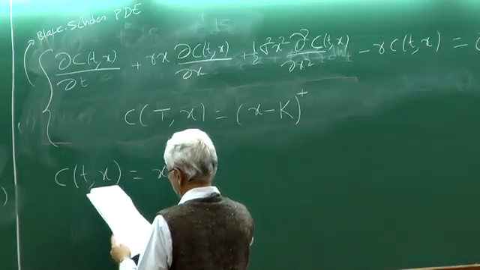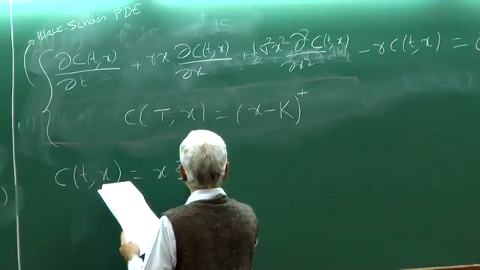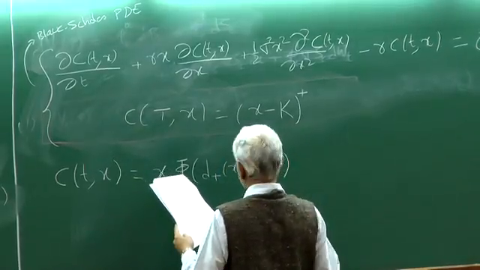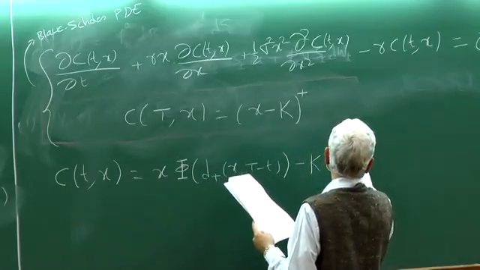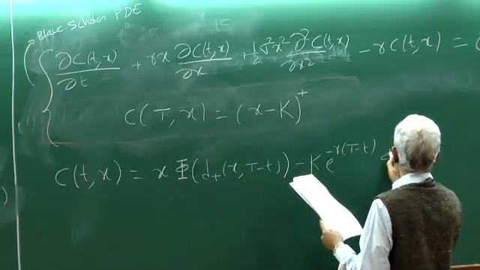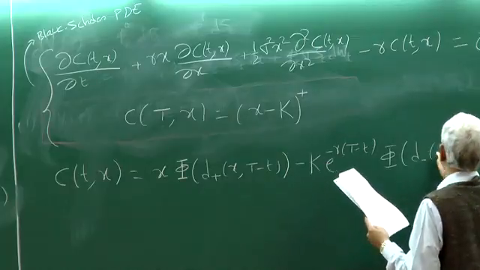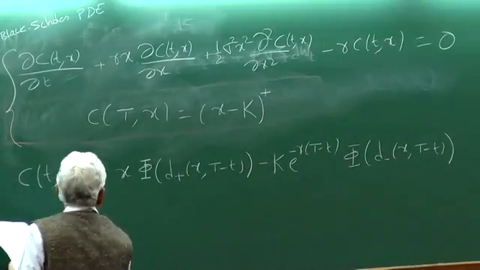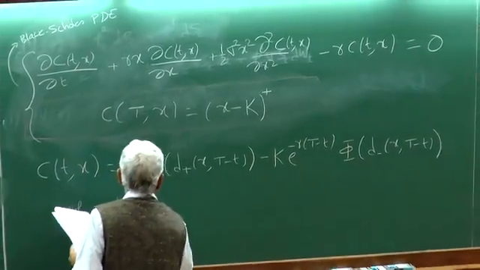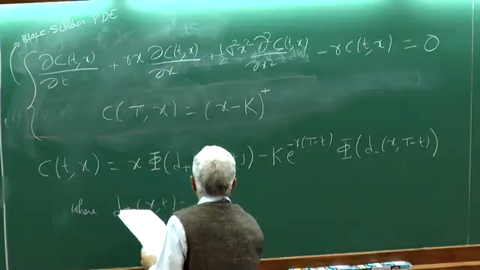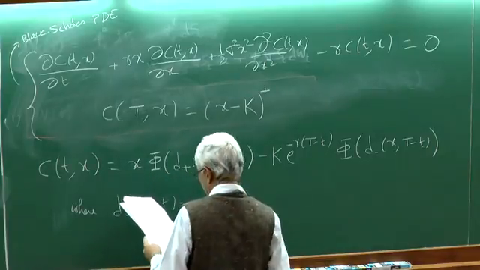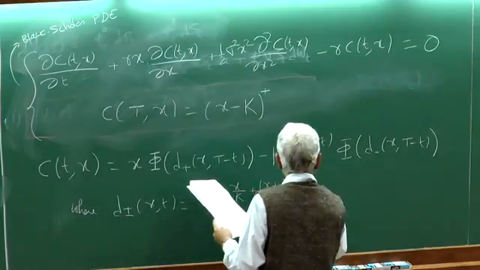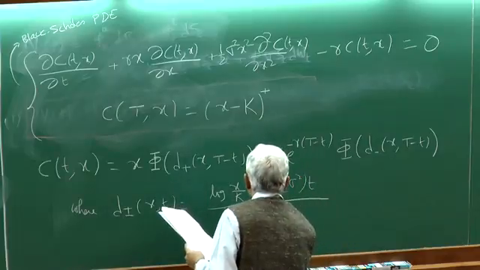x phi d plus x t minus t minus k e to the power minus r t minus t phi d minus x t minus t, where d plus minus x t is equal to log x over k plus r plus minus half sigma square t over sigma square root of t.